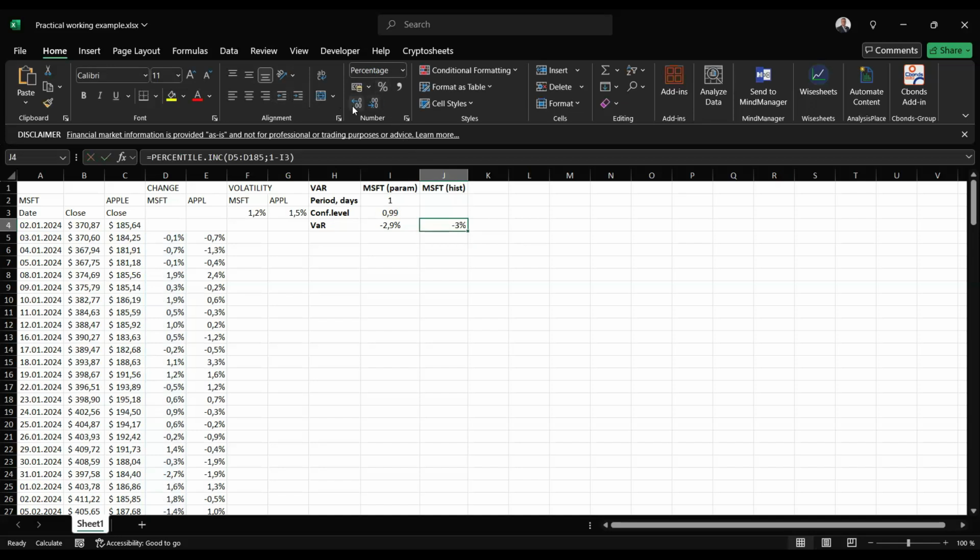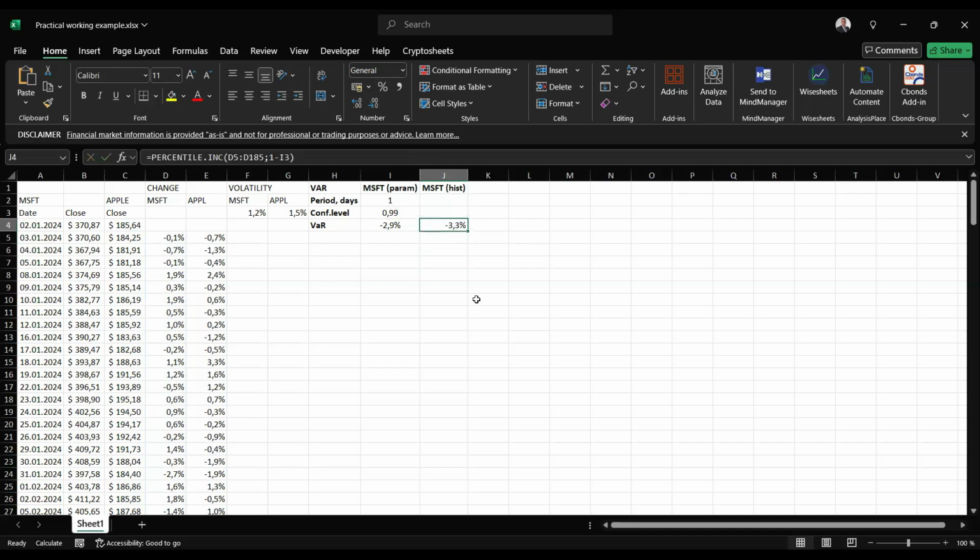So we can calculate it very quickly. What we can see is that the value at risk for this equity is bigger for the historical simulation than for the parametric or variance-covariance value at risk.